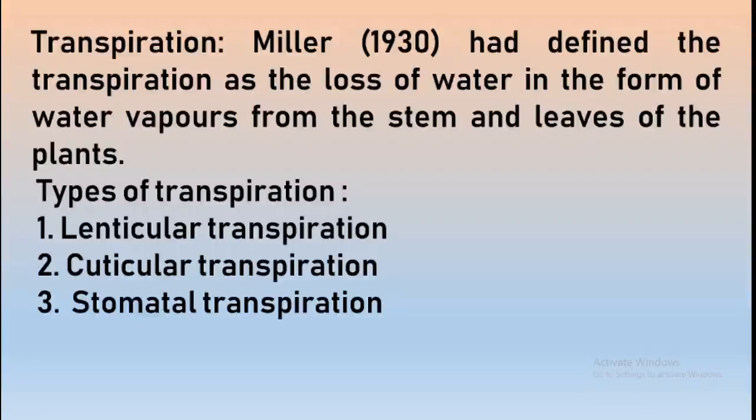The loss of water through stomata is called stomatal transpiration. Aerial leaves have the maximum number of stomata, and about 80 to 90% of total loss of water from the plant is by stomatal transpiration. Out of two types of foliar transpiration, stomatal transpiration is very important for addition of water vapors in the surrounding atmosphere.